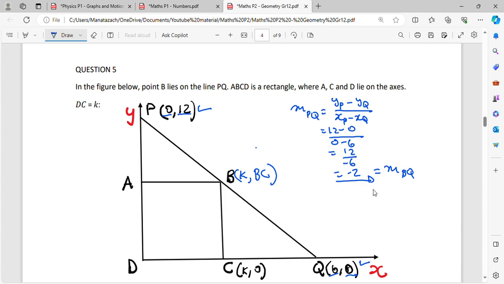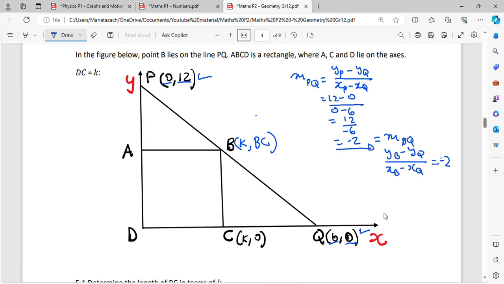So we know that the gradient for BQ, we can also rewrite as y at B minus y at Q divided by x at B minus x at Q. So all of that will be minus 2.